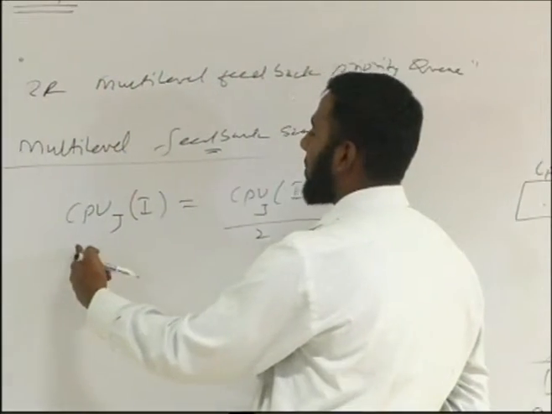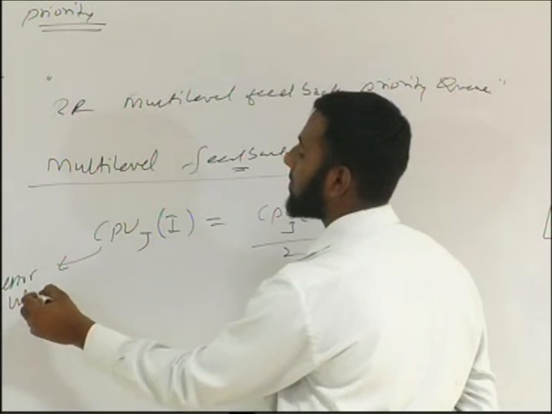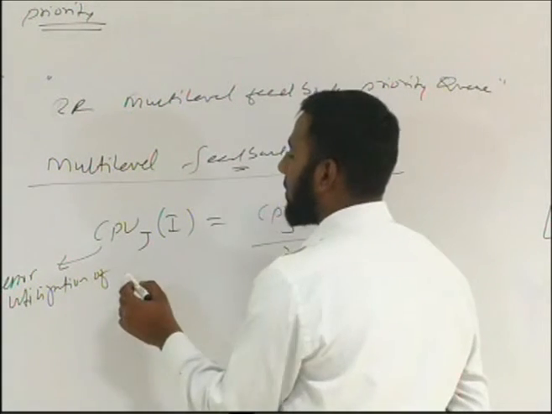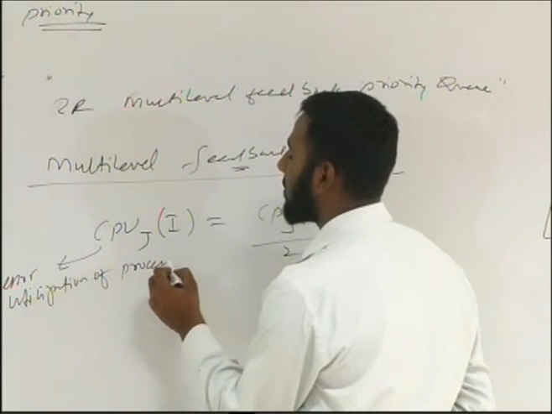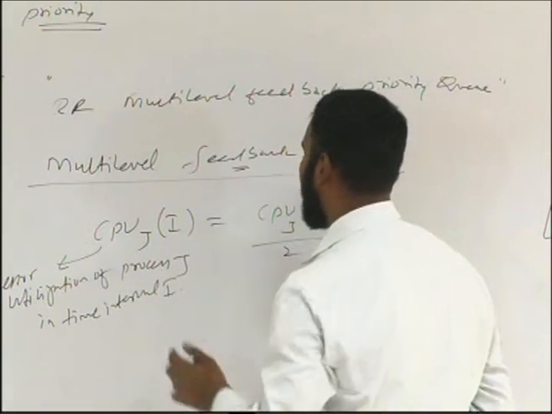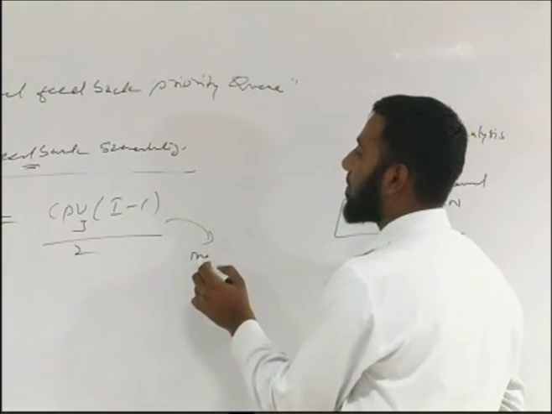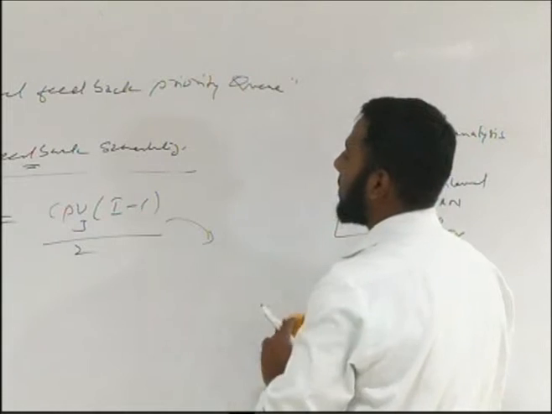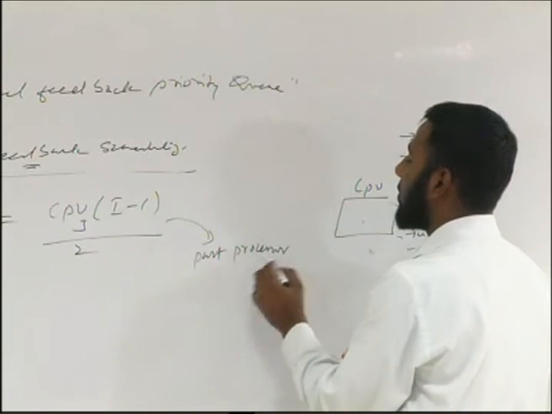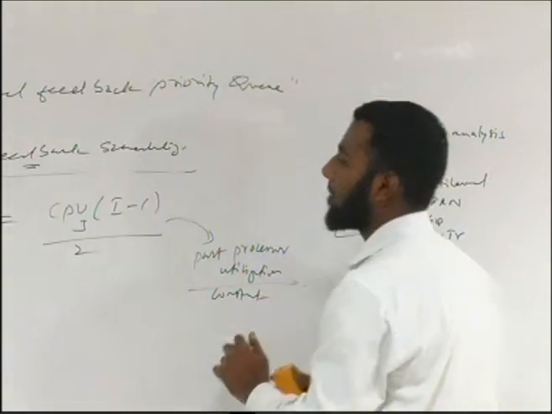So, this is the processor utilization of process J in time interval I, and this is the past processor utilization divided by some constant.